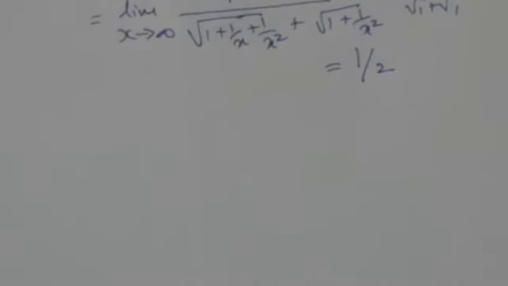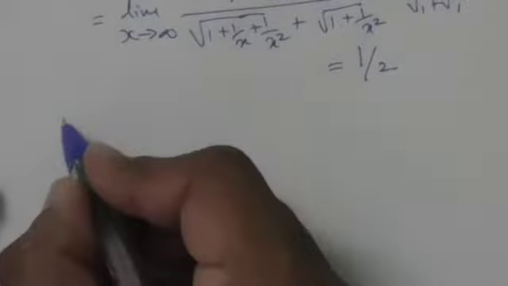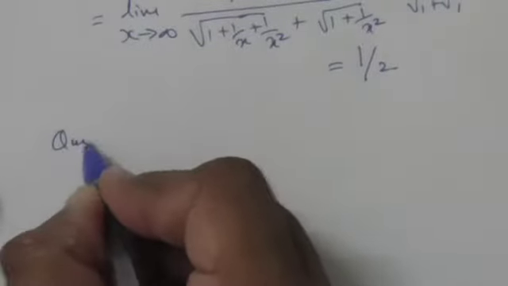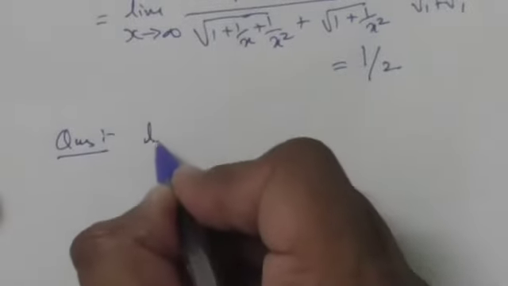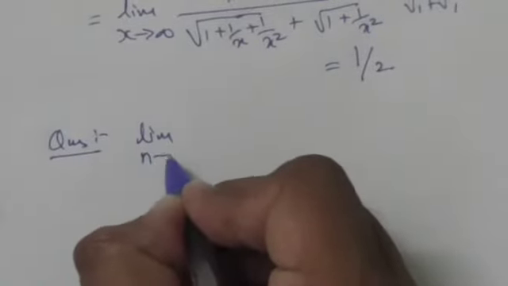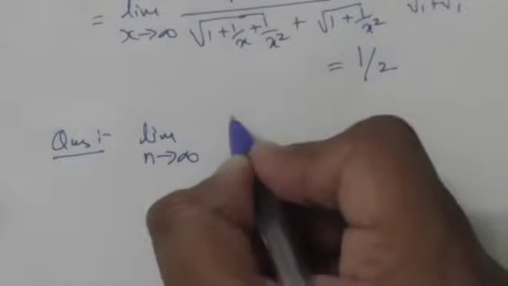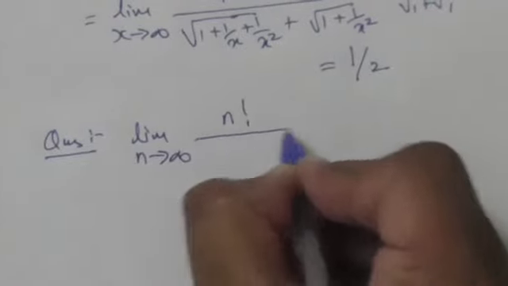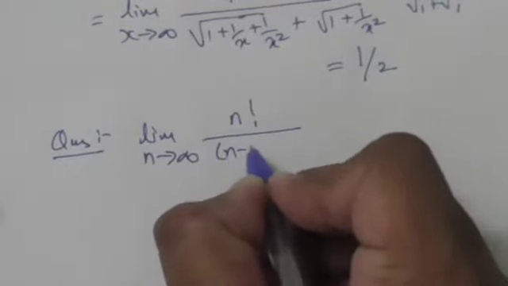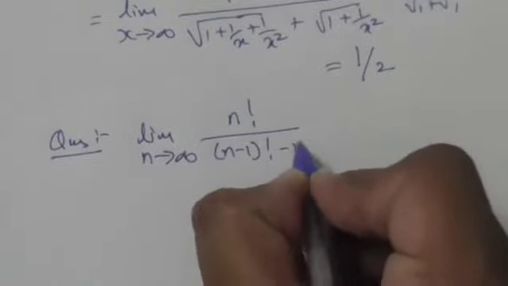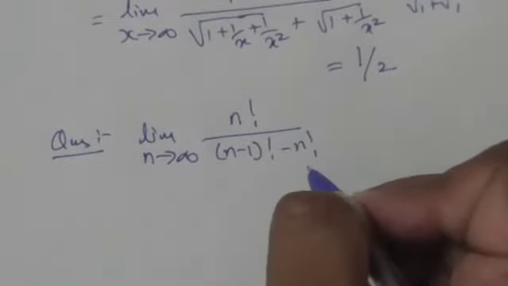Now let us solve one more question. This question is little bit confusing. It seems confusing, but it is very simple. See, we have to evaluate limit n tends to infinity n factorial upon n minus 1 factorial minus n factorial.